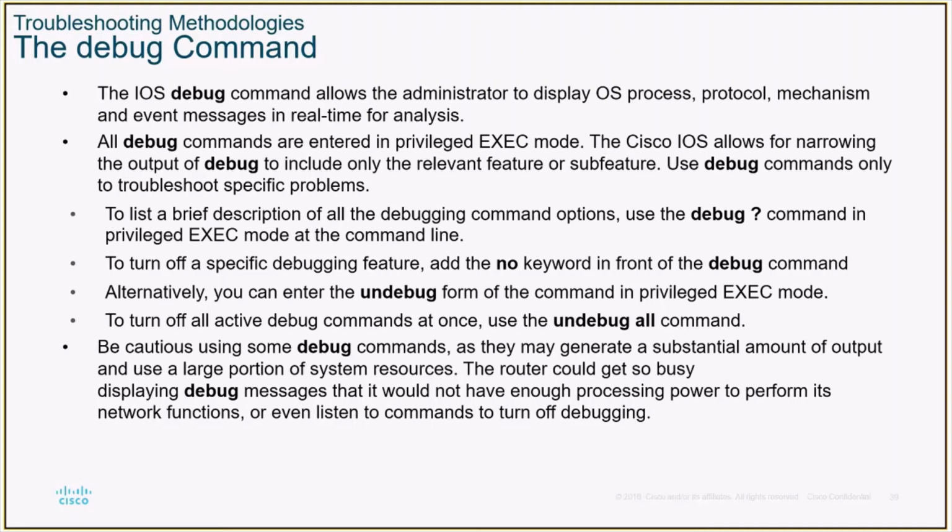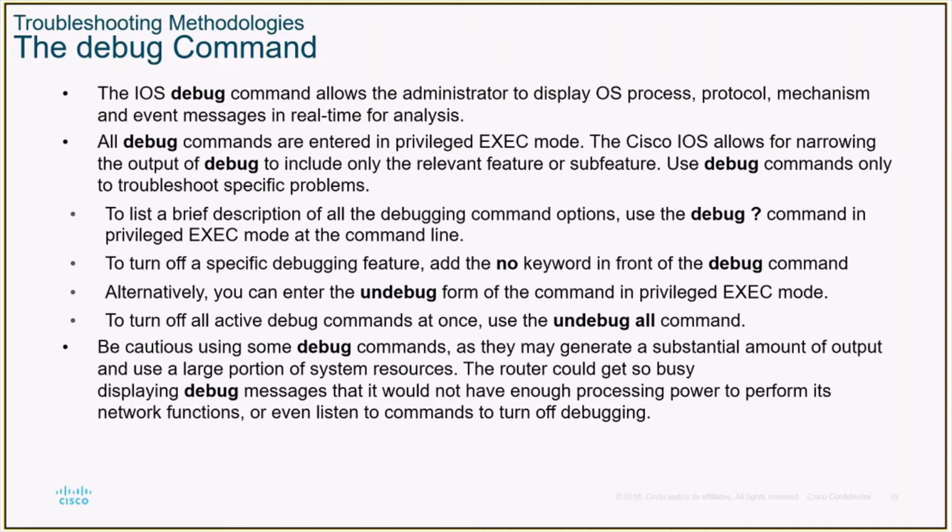And so if that device has been on for 6 weeks, the statistics it shows you is going to be 6 weeks worth of statistics. That might be helpful, it might not be. All of the problems might have happened in the last 10 minutes. So you can clear the counters and watch again, and that might help you a bit. But debug basically shows you things as they happen. It's not a summary, it tells you things as they happen.